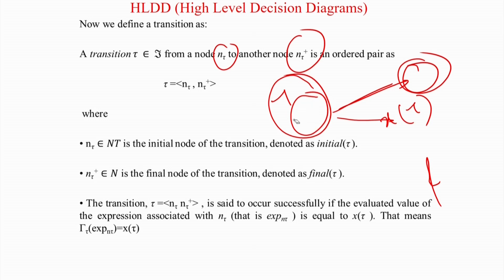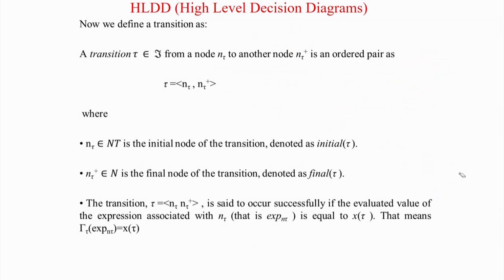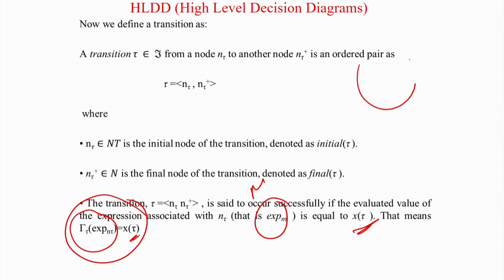That is what is being told by this formal definition. So the transition tau is said to occur successfully if the evaluated value of the associated expression on tau is matching x of tau. That is, if expression of tau evaluates to x of tau, then this transition will take place.